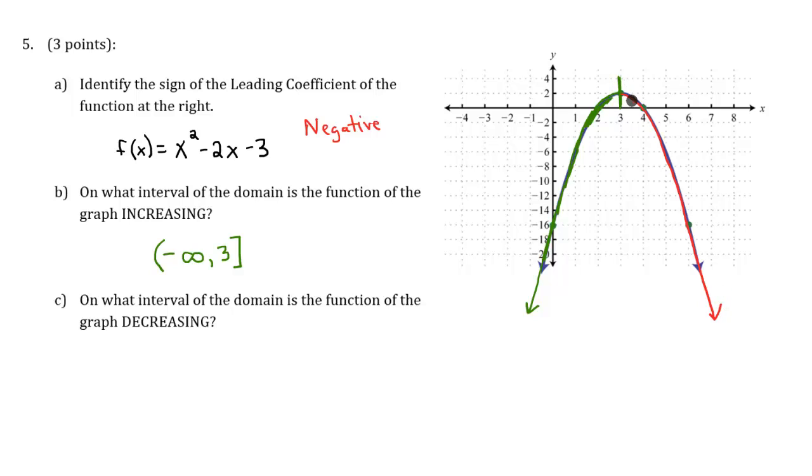So the starting x value in my interval is going to be 3. From 3 on, my x values keep increasing towards positive infinity, and that's going to be my interval. Then I'm going to use a bracket because we're including this x value for 3, and parentheses with my infinity symbol.